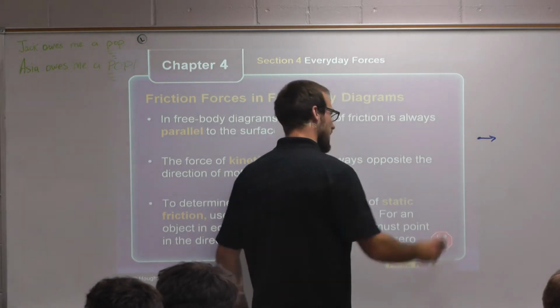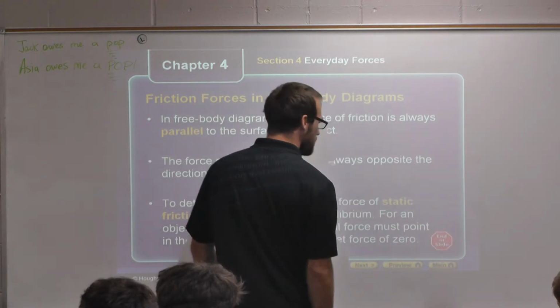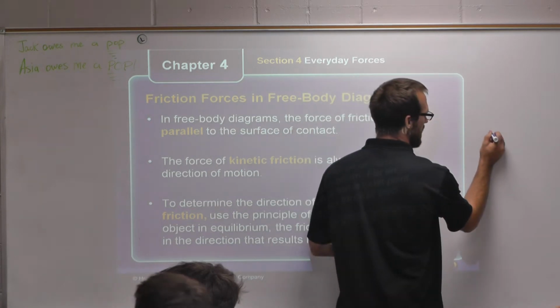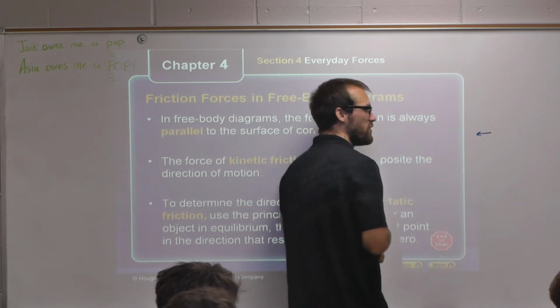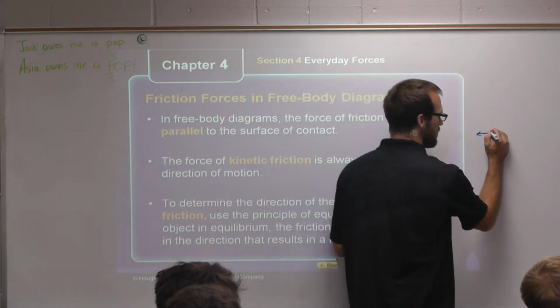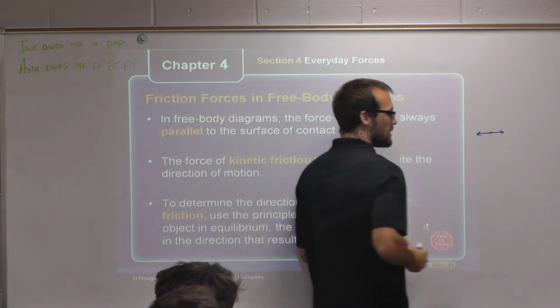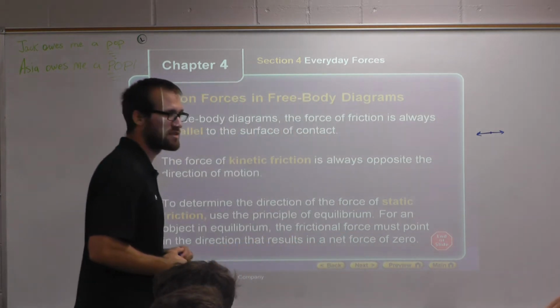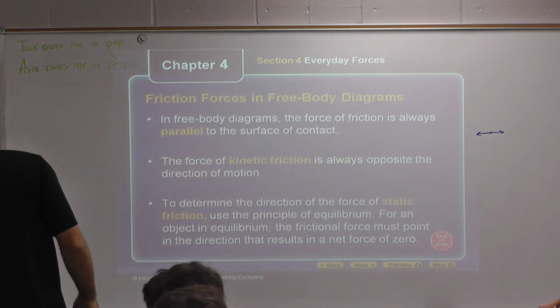If I were applying a force in that direction but it wasn't moving, which direction would friction be going? The opposite way, with an equal magnitude, or greater, but still parallel to the surface.